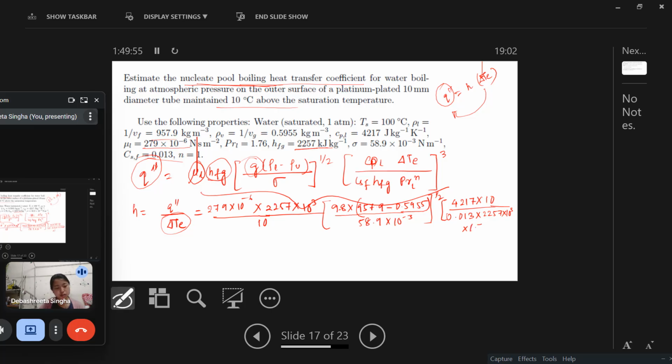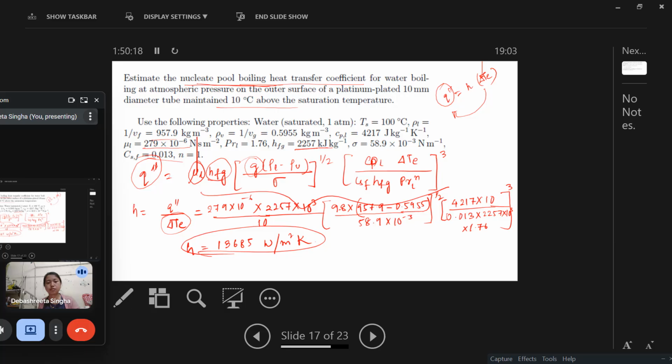So the Prandtl number is 1.76, whole to the power 3. So if you calculate this whole thing, you get the answer as 13685 watt per meter square Kelvin. So this is the answer.